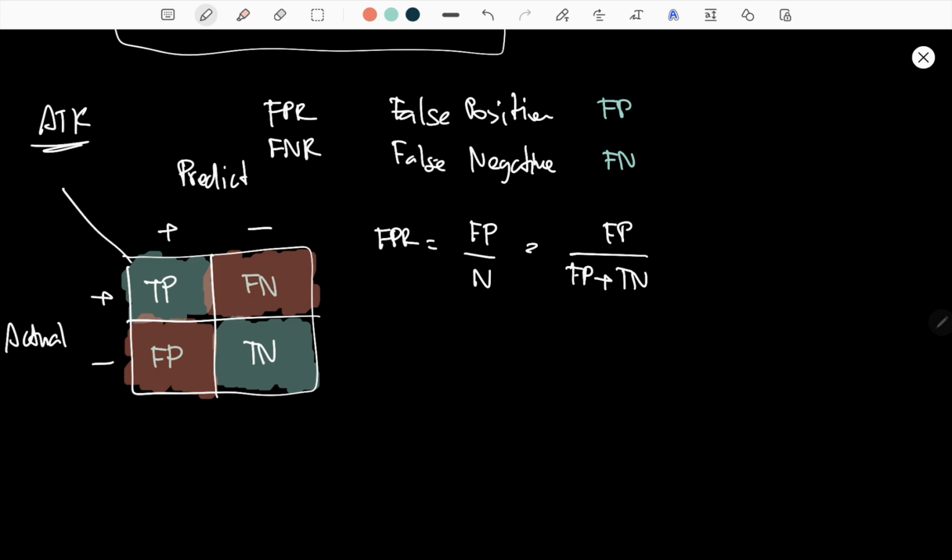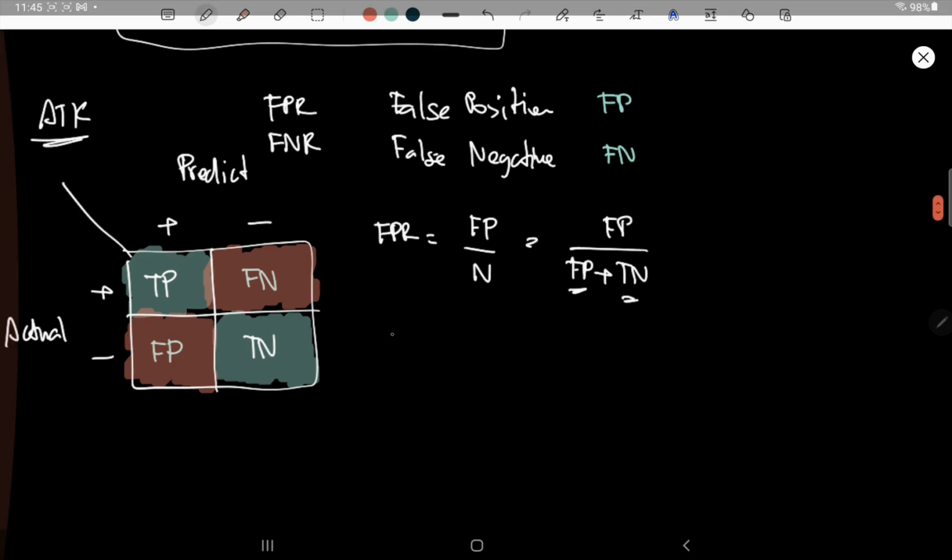It's divided by all negative, because a false positive is a negative that is predicted as positive, right? Actually it is negative, but the predicted value is positive, so this is actual negative, false positive plus true negative.